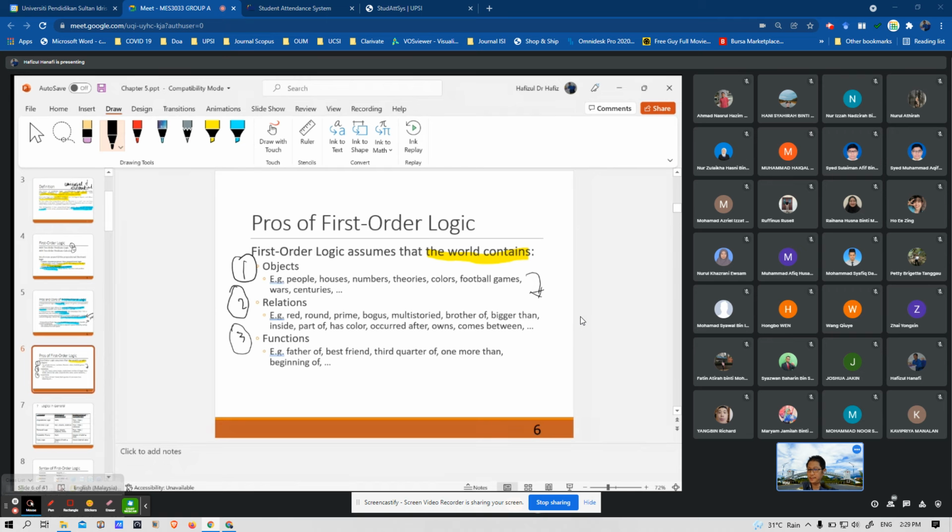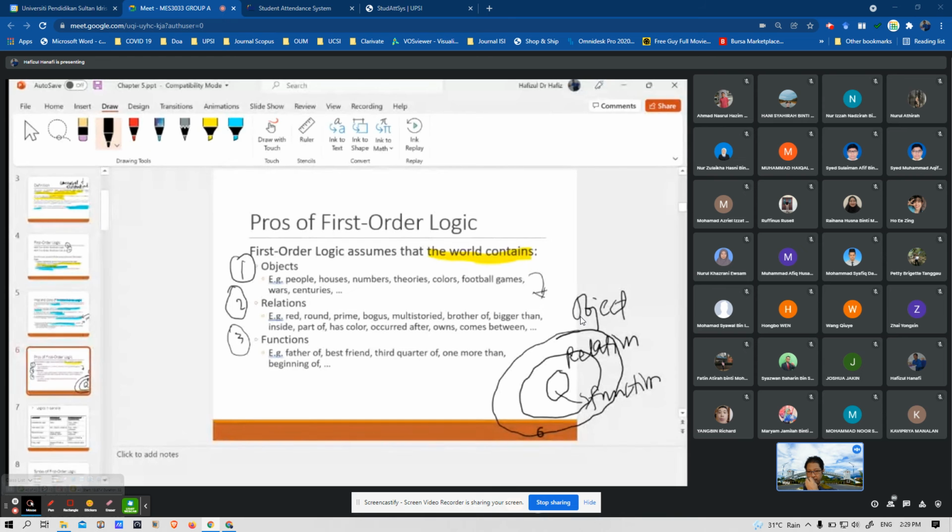You characterize the relation. This one is the object, we have a relation here, and then we have function here, whereby the function is a subset of a relation, and a relation is a subset of the object.